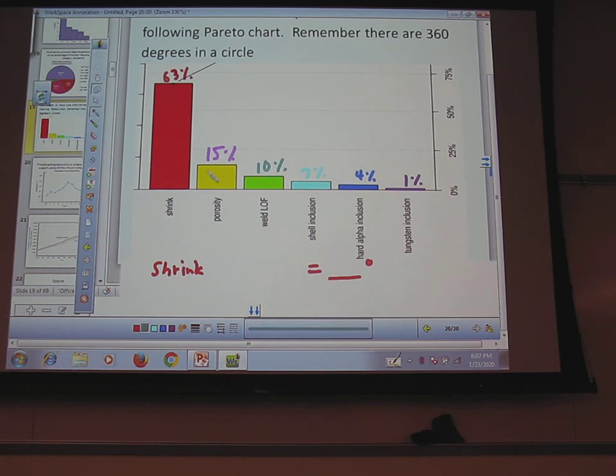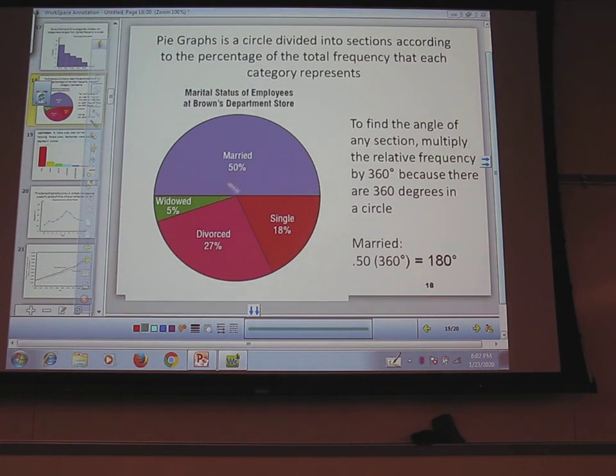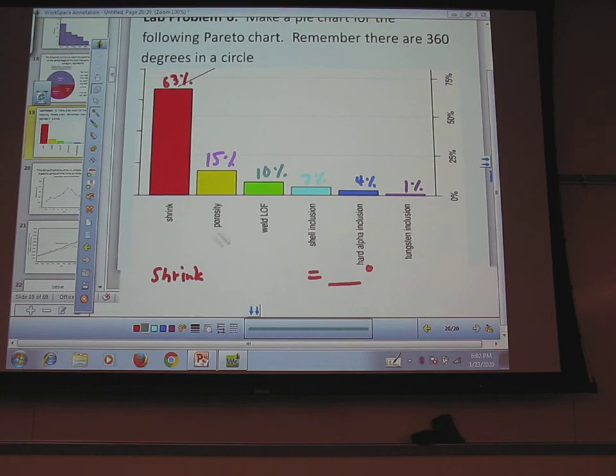You're going to figure out how many degrees are in each of these arcs. All right, so this one has 180 degrees in it. Married is 180. Figure out what single would be, what divorced would be. Your job is to figure out what shrink, porosity, weld, shell, HA, and tungsten would be.